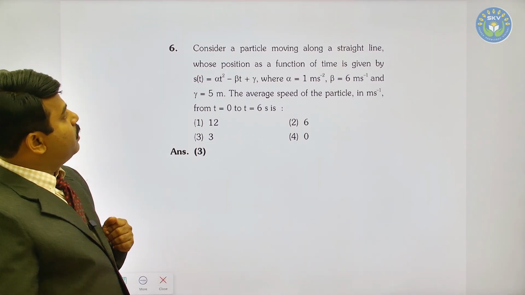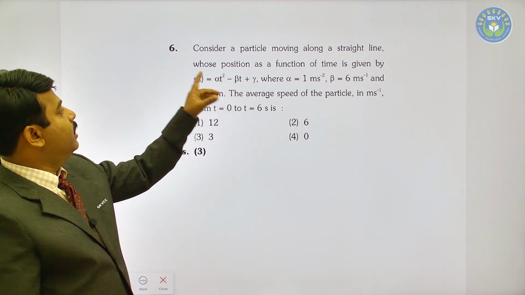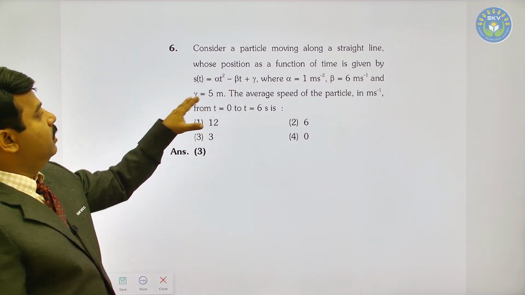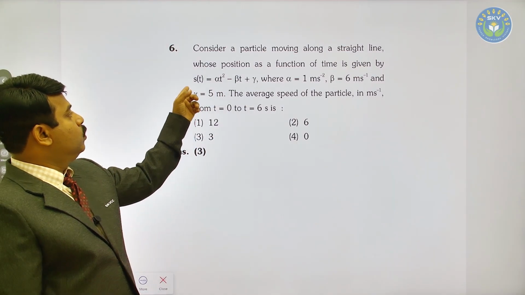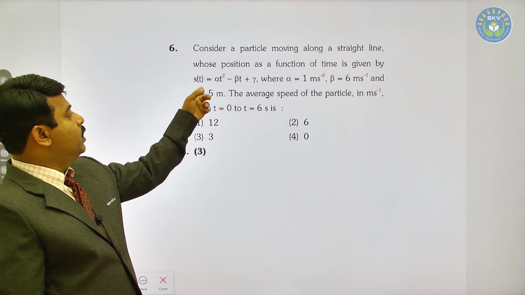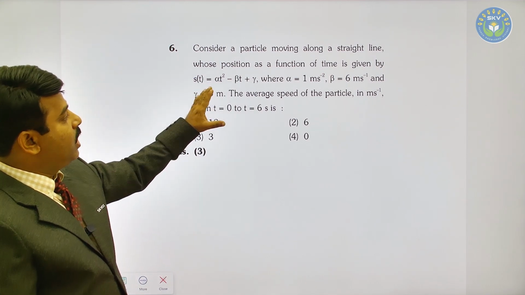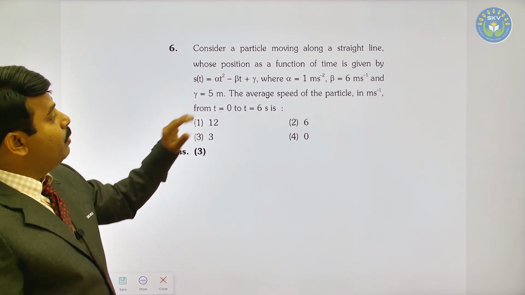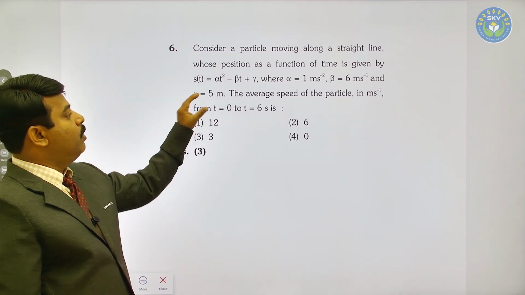Now, question number 6. Consider a particle moving along a straight line whose position as a function of time is given. So here S of t is alpha t square minus beta t plus gamma, where alpha is equal to 1 meter per second square, beta is 6 meter per second, gamma is 5 meter.